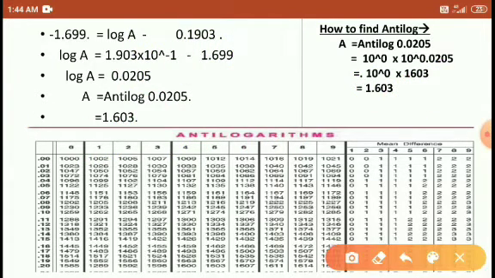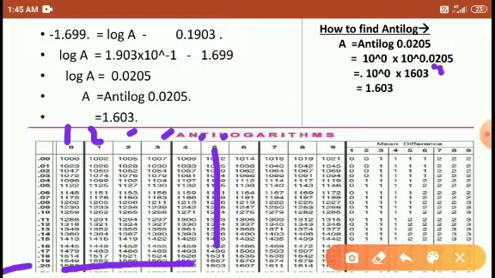Afterwards, students, we have to find the 20th row, 5th column. In the 20th row, counting 1 2 3 4 5, the 5th column gives 1603. This is the answer, 1603.